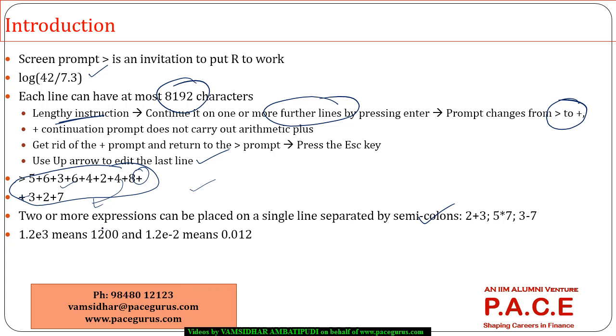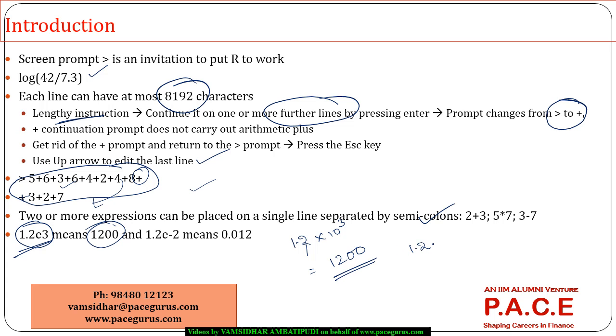In many cases, in general scientific notation, if R represents something as 1.2 E3, it means 1.2 into 10 to the power of 3, which becomes 1200.